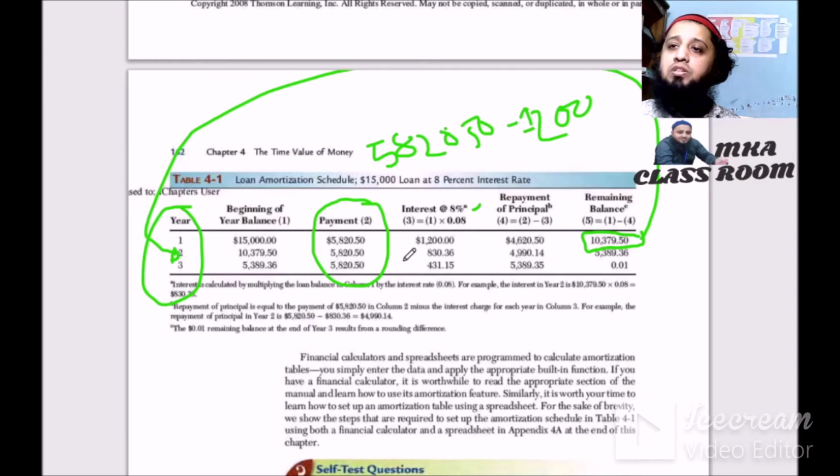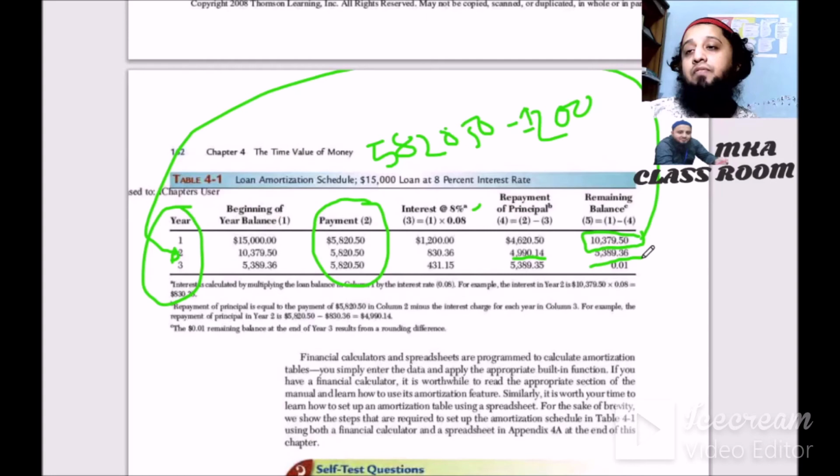Then our principal repaid is 4,990.14. If we subtract this from 10,379.50, we get 5,389.36 taka, which starts at the beginning of the third year.